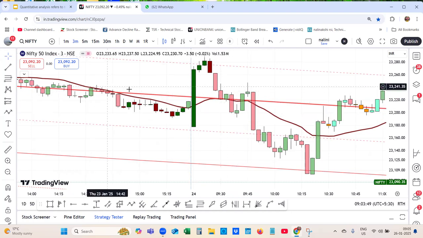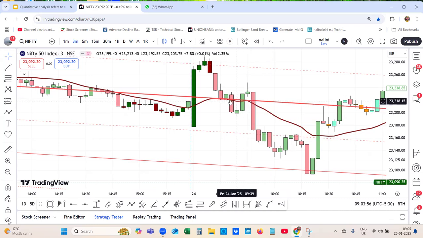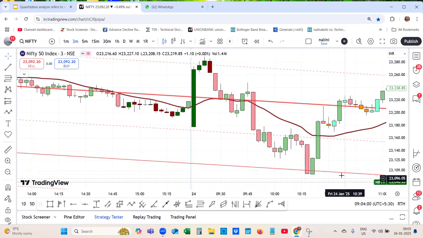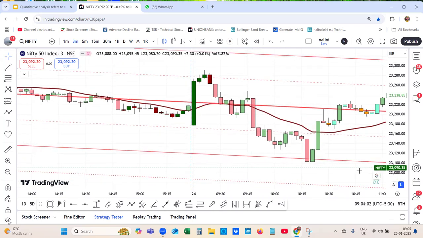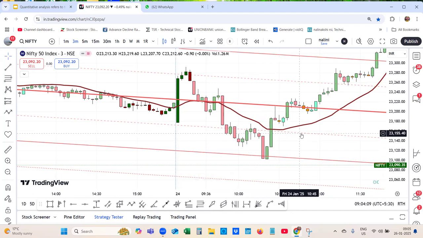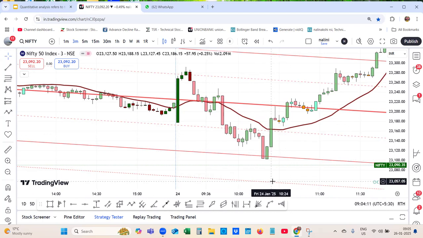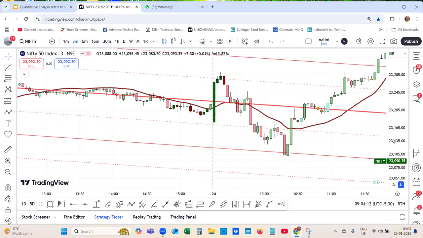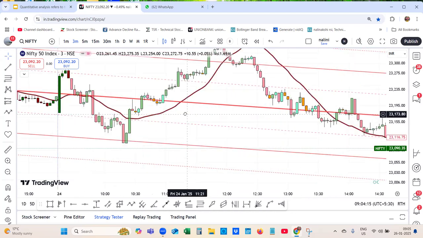So this linear regression line and channel indicates the trend, indicates support and resistance, and the channel bands indicate overbought and oversold conditions. Everything has been coded, and you can see standard deviation 1, standard deviation 2 on this.